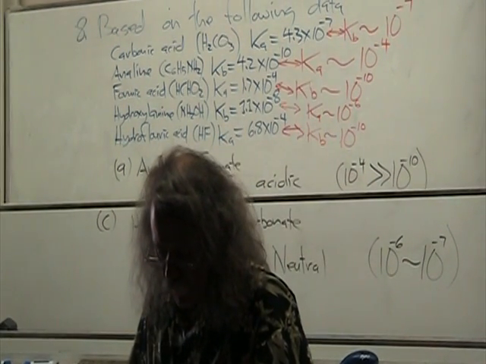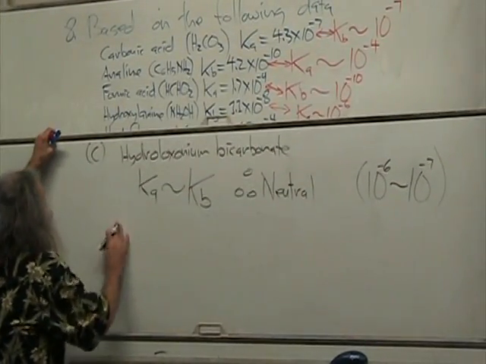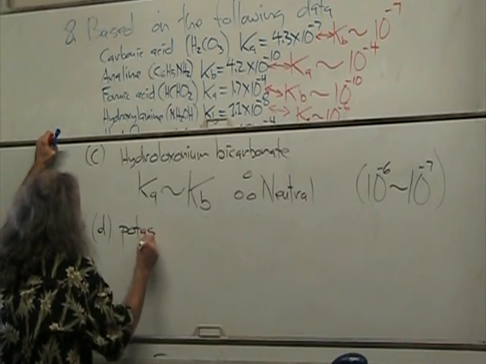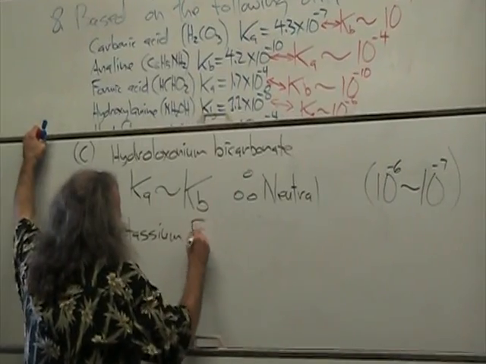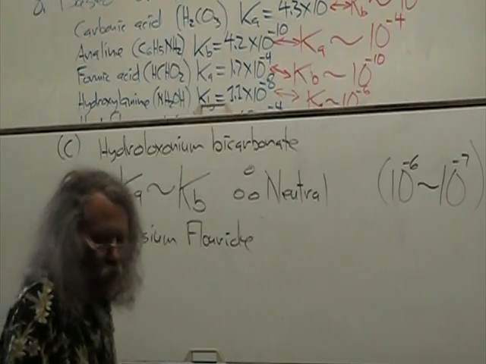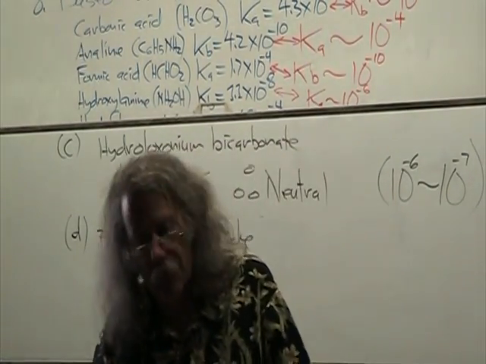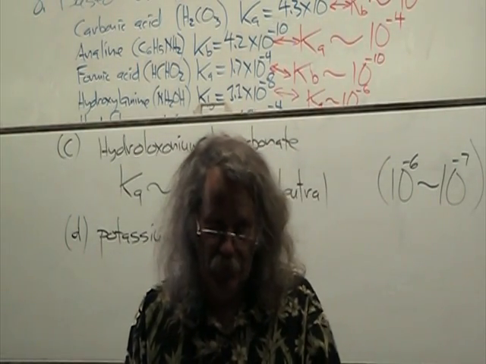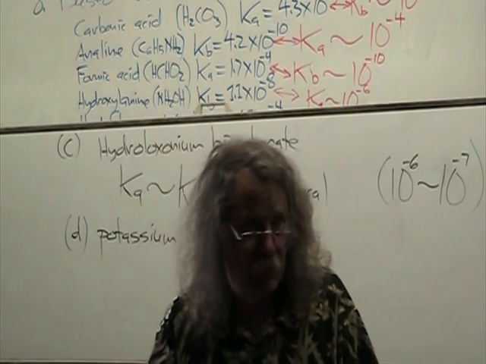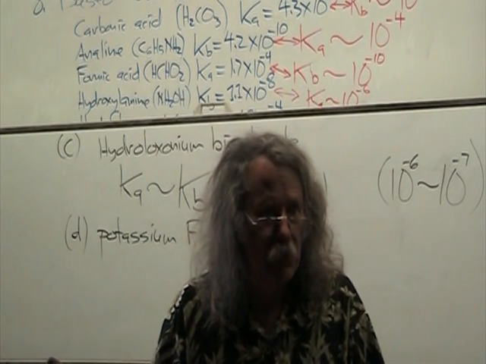Potassium fluoride. Oh wow, that one's going to be D. Well, there I've got potassium, which is the conjugate acid, although it's only a Lewis acid, of the strong base potassium hydroxide.